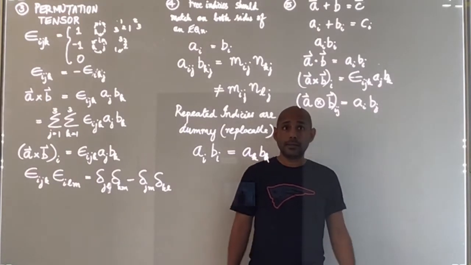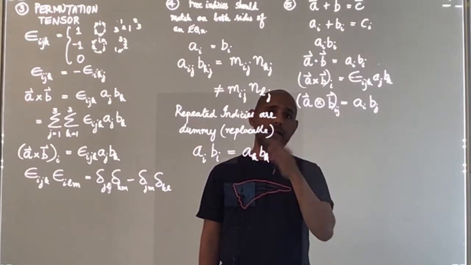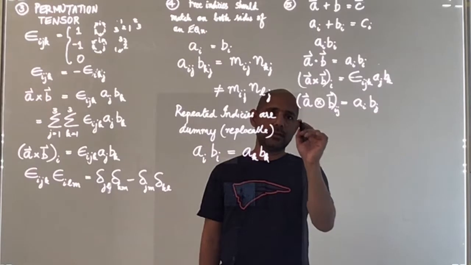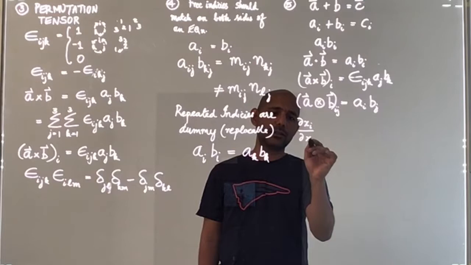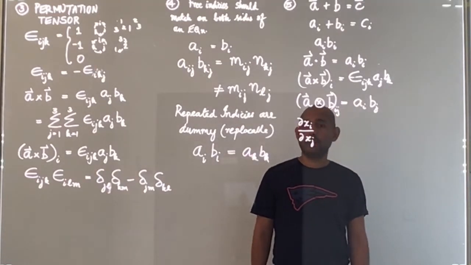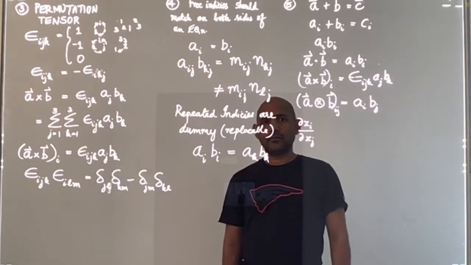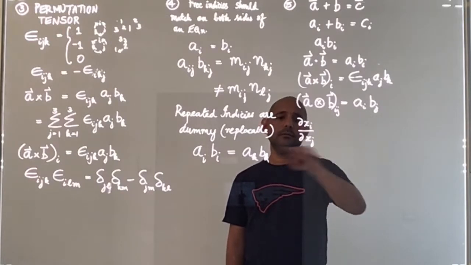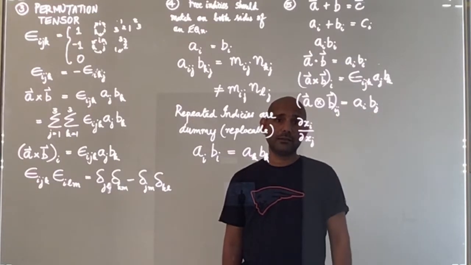Okay, let's do calculus. Remember our coordinate systems were x1, x2, x3. So, derivative of x_i with respect to x_j. What will this give us? If i was equal to j, we would have derivative of x_i with respect to x_i, which is, for example, what is the derivative of x with respect to x? 1. Or derivative of x1 with respect to x1? 1.